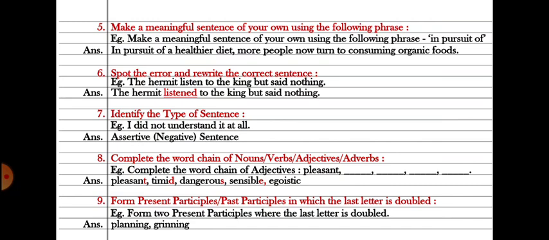So if I think of the word plan, P-L-A-N, I double the last letter N, then I can form a present participle, that is planning. If I think of the word grin and I double the last letter N, the present participle that I can obtain is grinning.